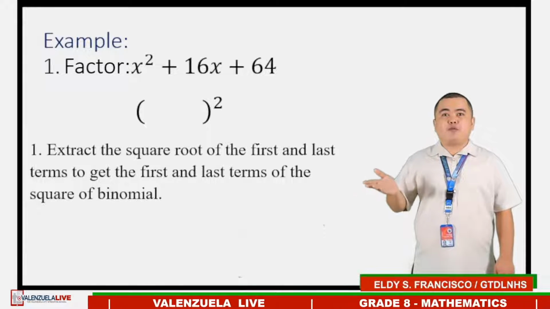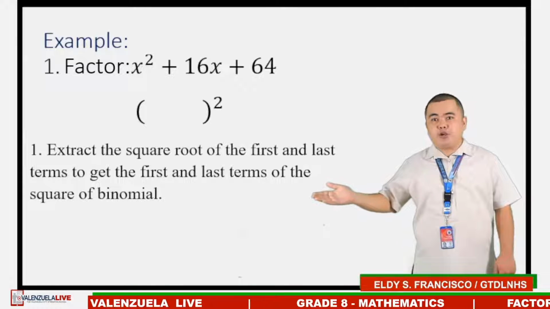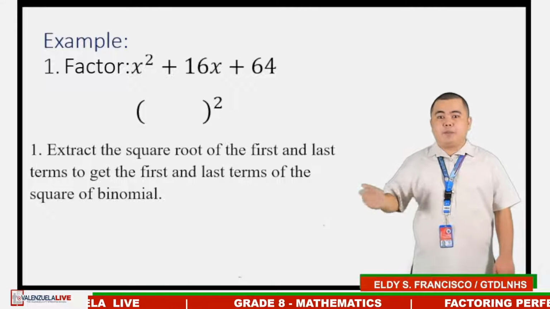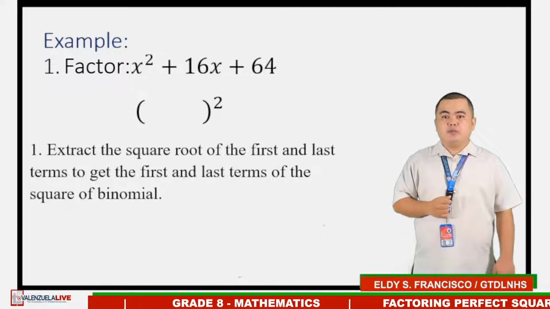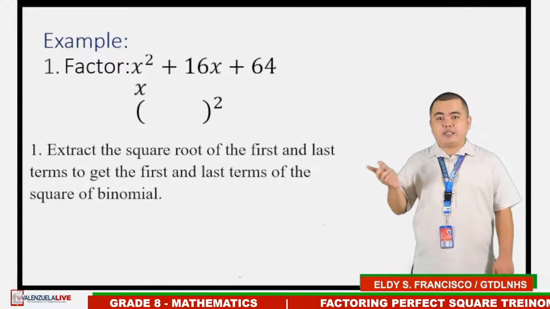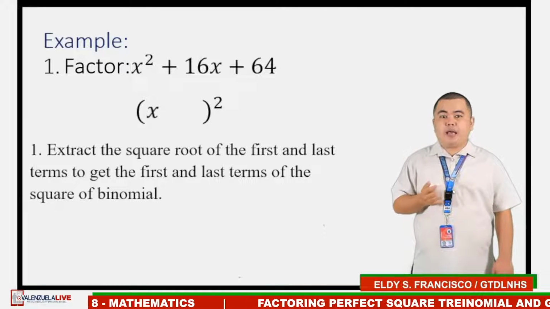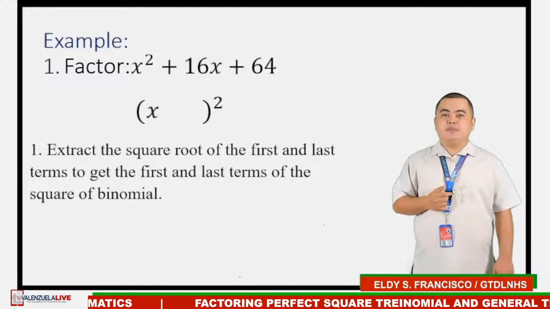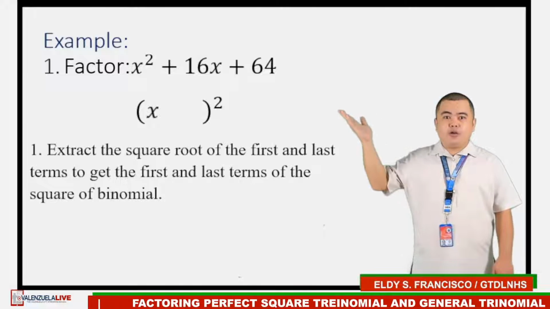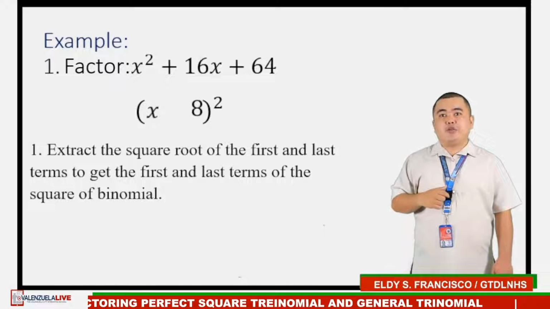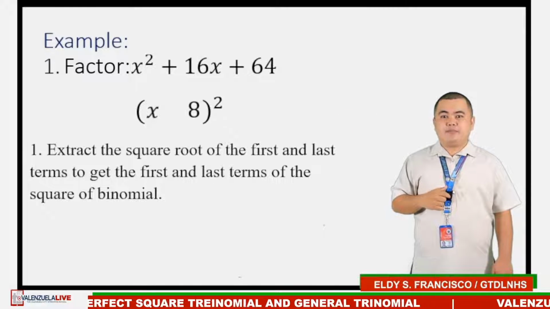Extract the square root of the first and last terms to get the first and last terms of the square of binomial. So the first term is x squared. So the square root of x squared is x. The last term is 64. The square root of 64 is 8.